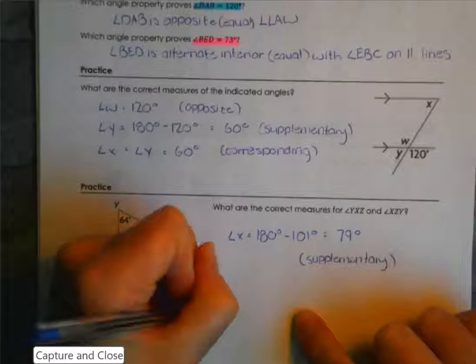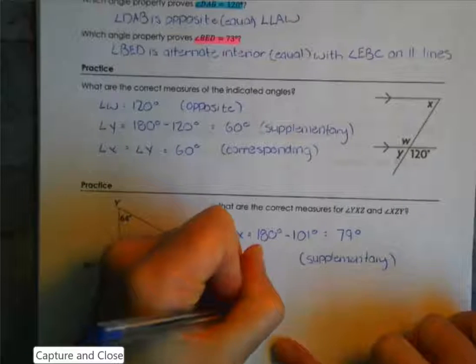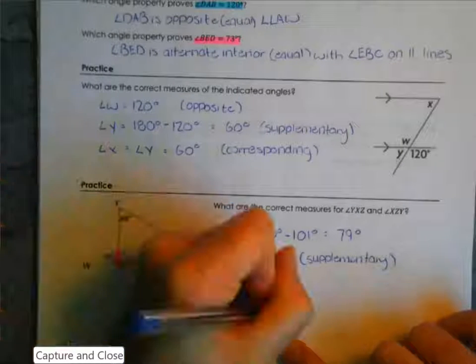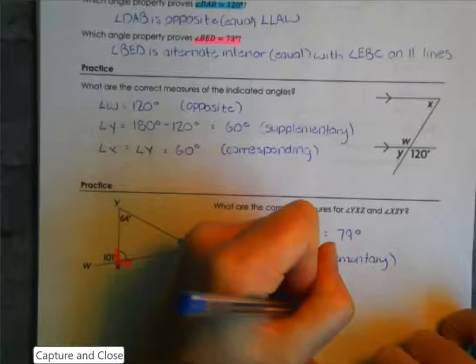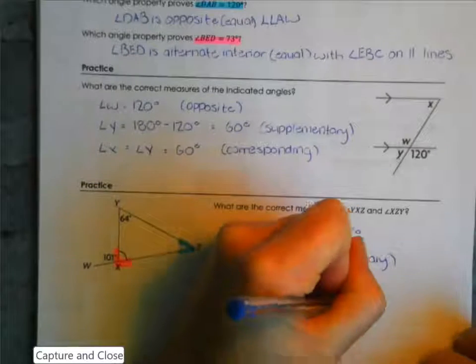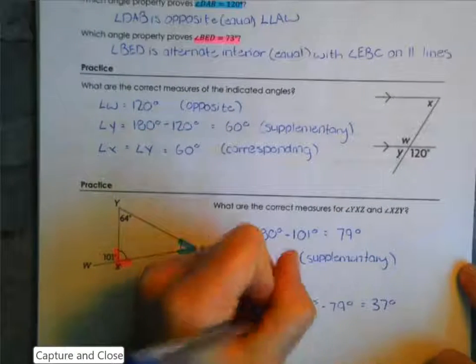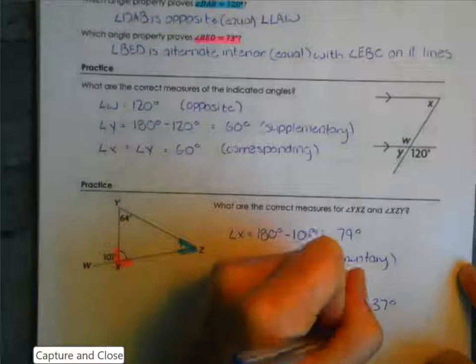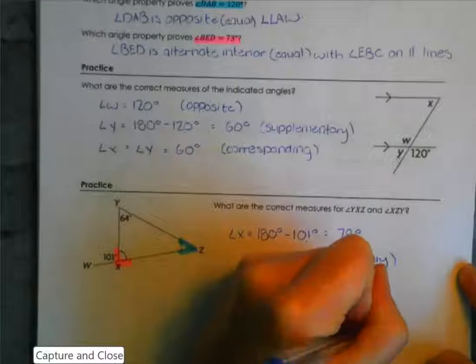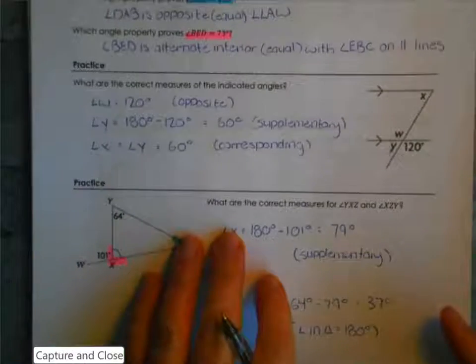So we can say angle z is equal to 180 degrees minus 64 degrees minus 79 degrees, which is going to give us 37 degrees. And the justification for that is that angles in a triangle equal 180 degrees. Okay, so there's our solution for that triangle.